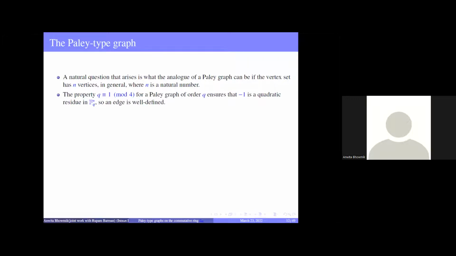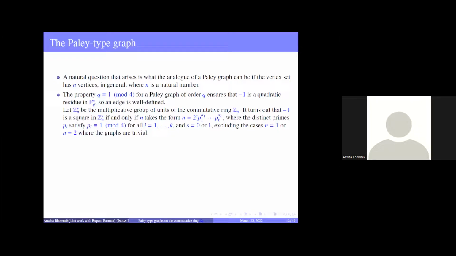Now to define the graph: for the Paley graph, for an edge to be well defined, q had to be congruent to 1 mod 4. So for our graph also, we need such a condition. For the Paley graph, the vertex set was F_q. Here we consider the vertex set as Z_n. The edge set for the Paley graph depended on squares in F_q star.